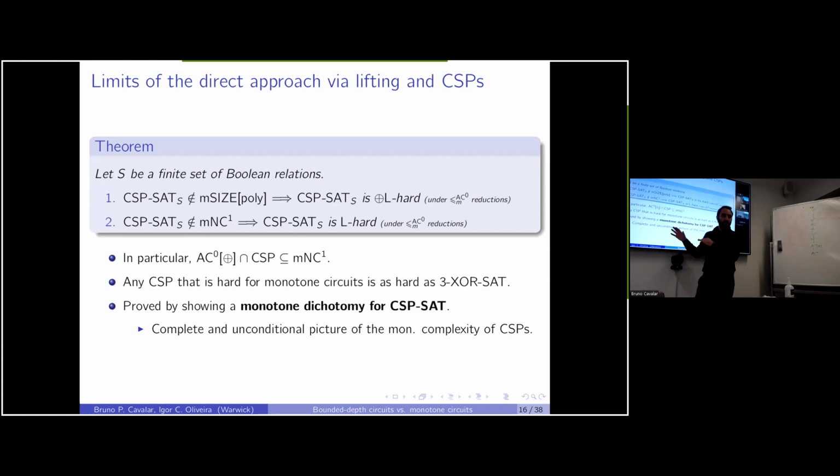And then we can show a similar but more complete and unconditional picture of the hardness of these problems, unconditional because it's not on the hypothesis that P is not equal to NP, you actually show a lower bound.